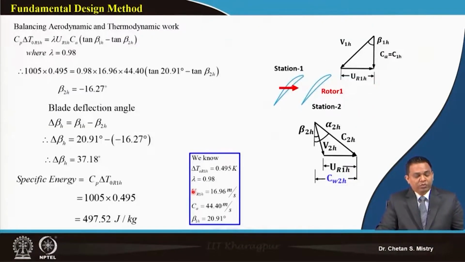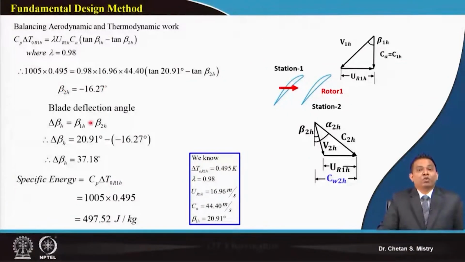Now once we have calculated that part, we can do our calculation based on a comparison of aerodynamic work and thermodynamic work. Based on this comparison, we can calculate the outlet blade angle, or air angle, or relative flow angle beta 2.